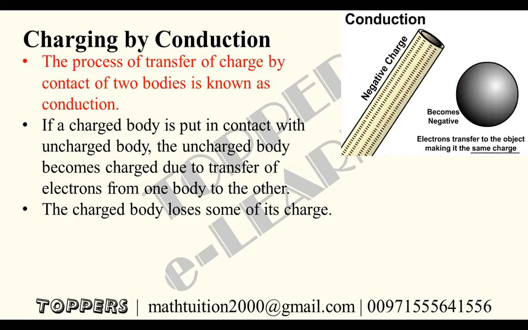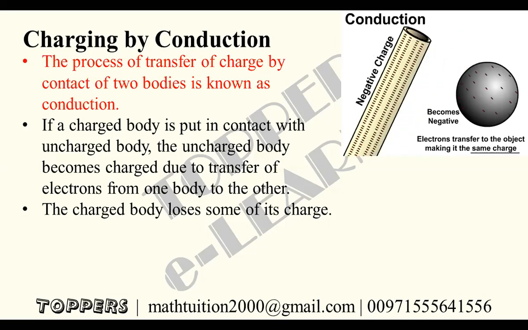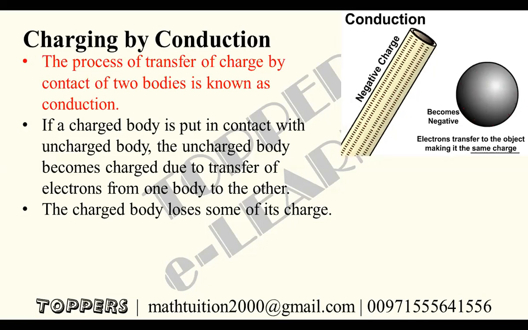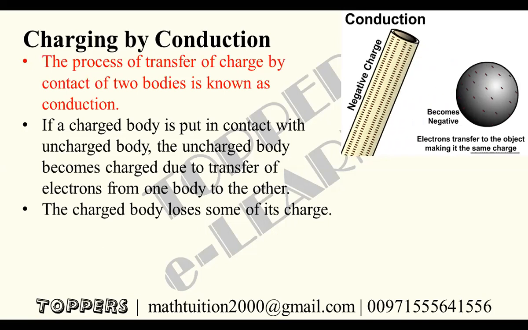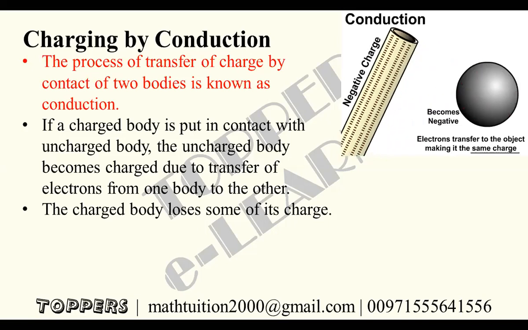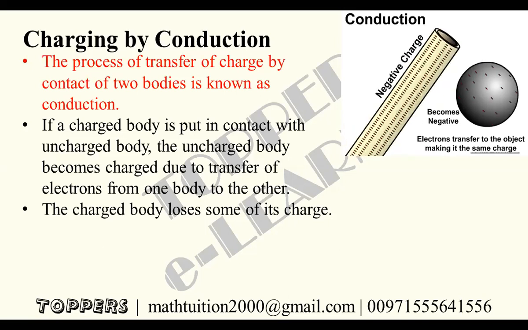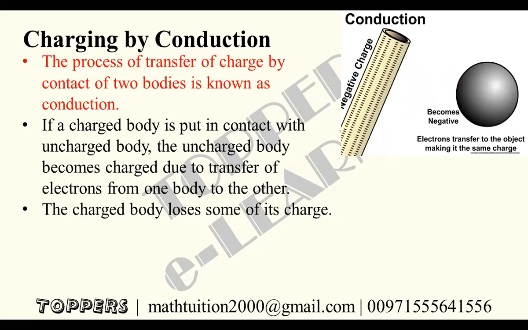The charged body loses some of its charge. In the animation, you can see a negatively charged body being brought into contact with the neutral body. Negatively charged means it contains an excess of electrons.